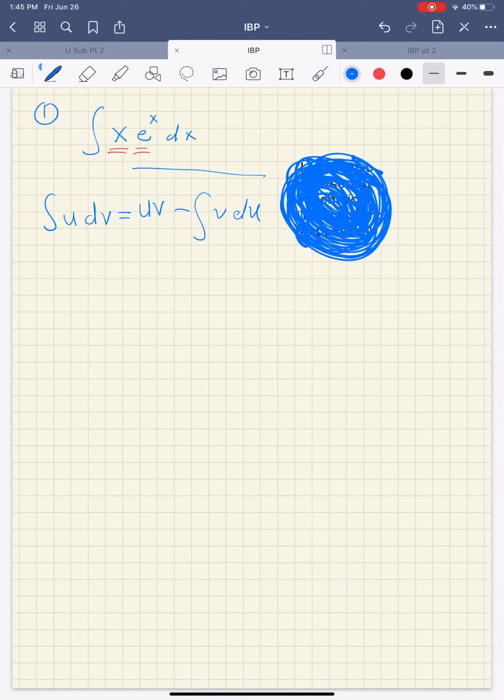And this looks like a mess. So there's another way we can write it, and I personally like to write it like this: the integral of f g prime equals fg minus the integral of f prime g.